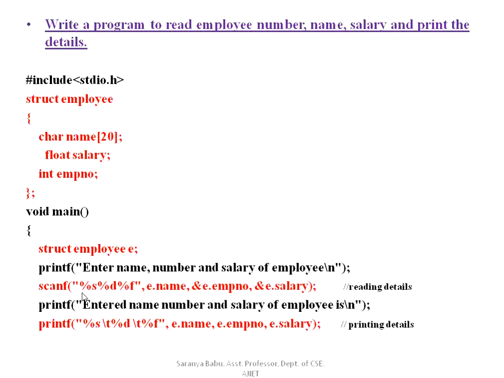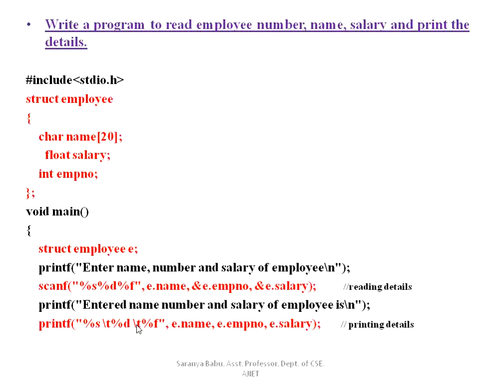Is it clear? While reading, put the ampersand sign and put E dot name, E dot employee number, E dot salary. While printing, it is already there in these fields, right? While printing, I don't want this ampersand sign. Just print it with the proper format. \t I have given: first name, then a tab, then employee number, then a tab, and then the salary.